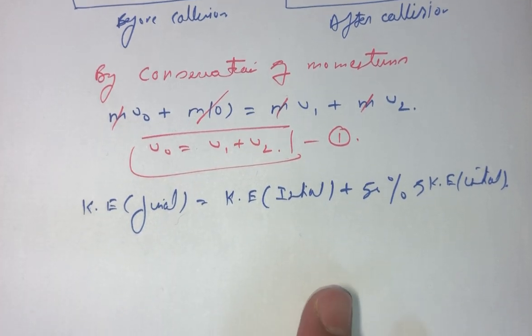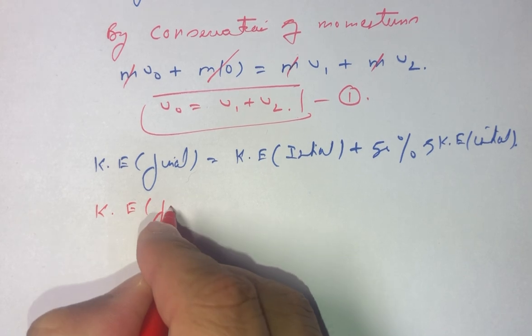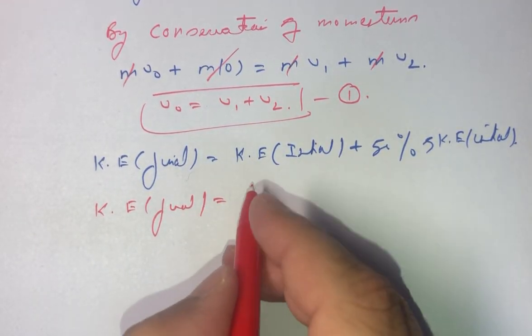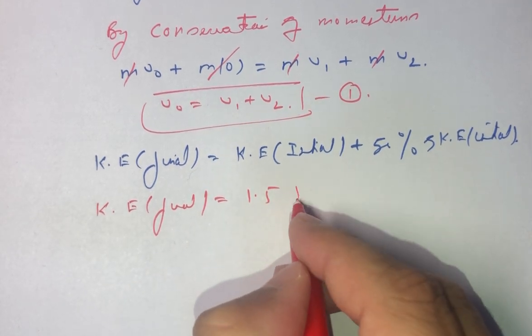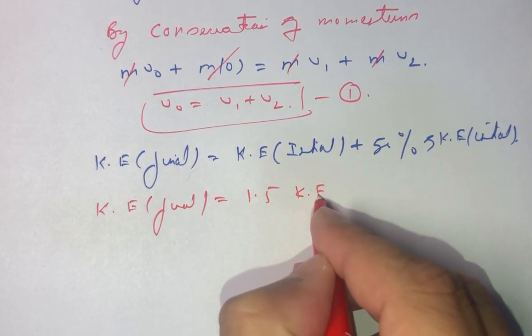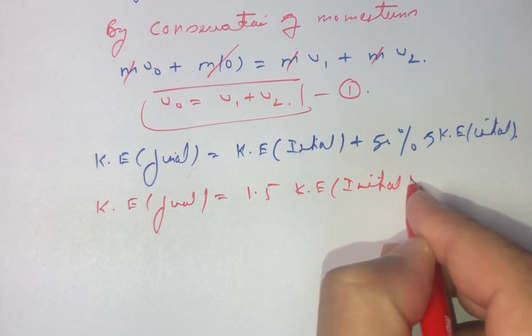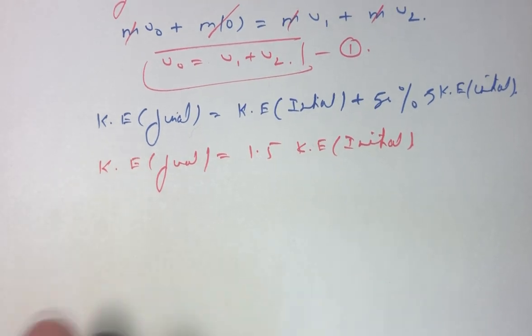Therefore, we can write kinetic energy final will be equal to 1.5 kinetic energy initial. Initial means before collision and final means after collision.